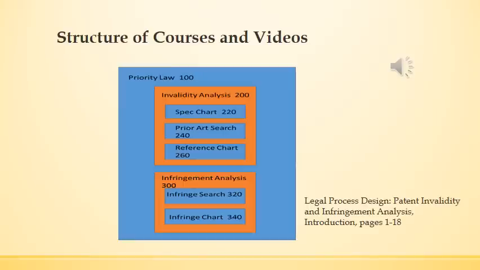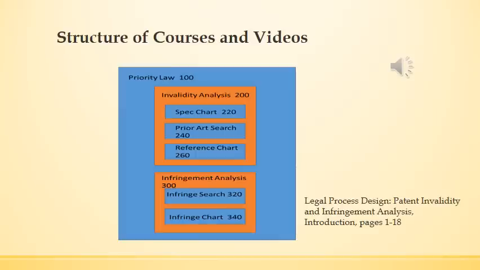Also, in order to evidence what our thinking was, the priority law course has a couple of different tables that are used to set shield and sword dates. A shield date is a date that a claim is entitled to shield back as far as, so that it can avoid prior art all the way back to a certain date, and a date before that is legally prior art, and therefore if you can find a sword that is on that date or before it, it qualifies as prior art.